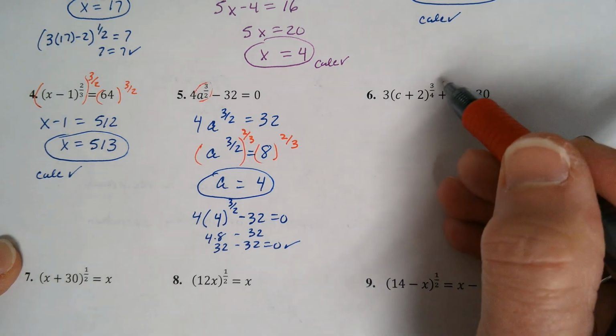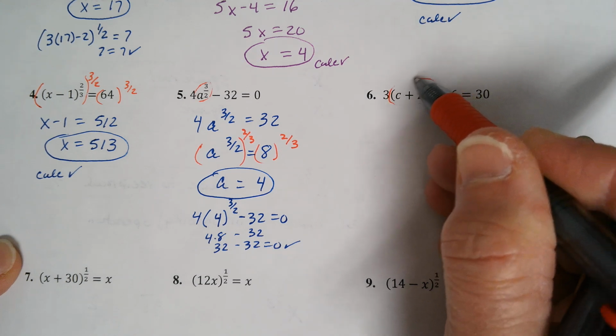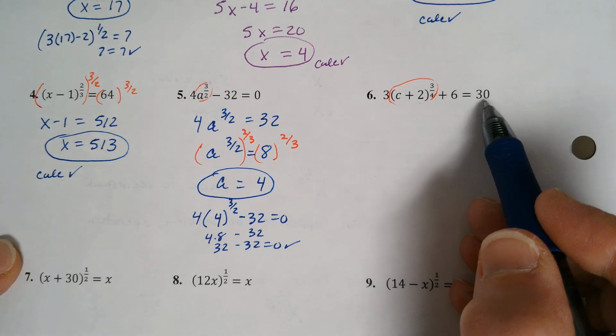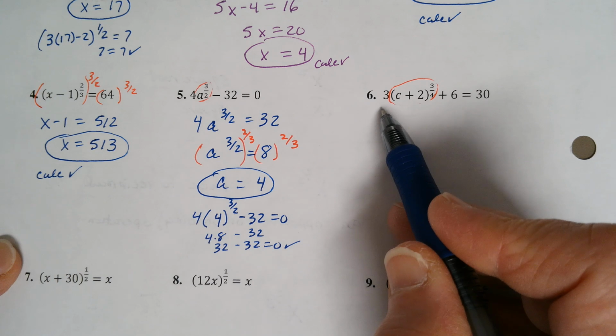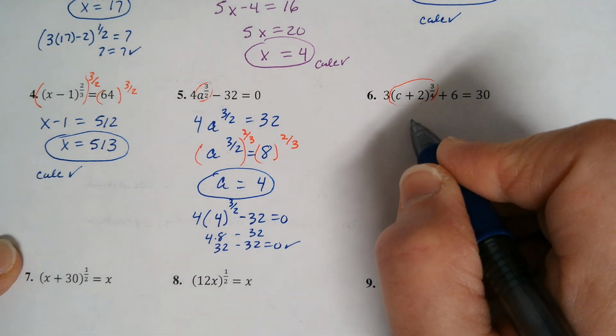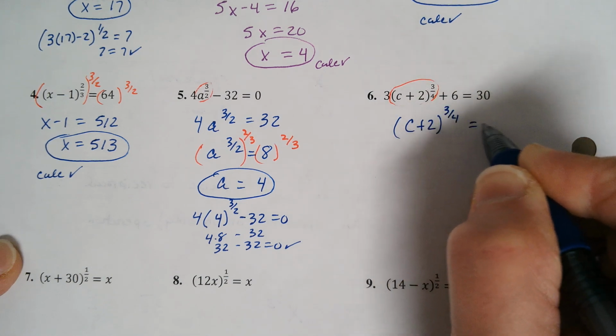Number 6, we want to get this c plus 2 raised to the 3/4 isolated. Subtract 6 from 30, and that's 24. And then divide by 3. 24 divided by 3 is 8. So we have c plus 2 raised to the 3/4 equals 8.